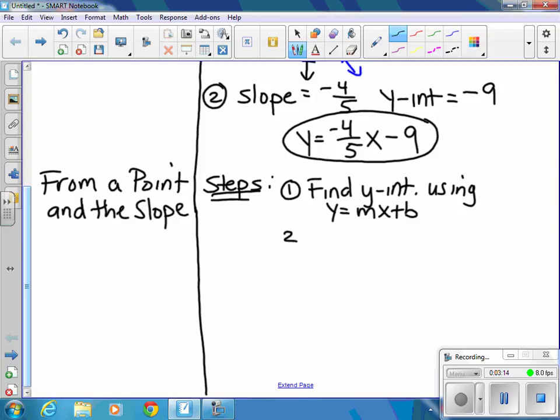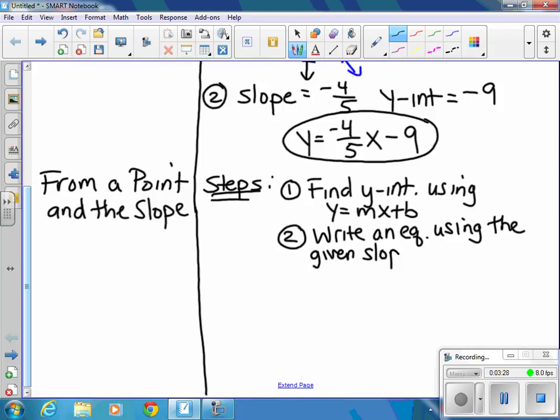Once you find that y-intercept, your second thing is to write an equation using the given slope and your y-intercept from step 1. And then you'll be done with your equation. So you've got your m, you've got your b, you put it together and you'll have your equation.